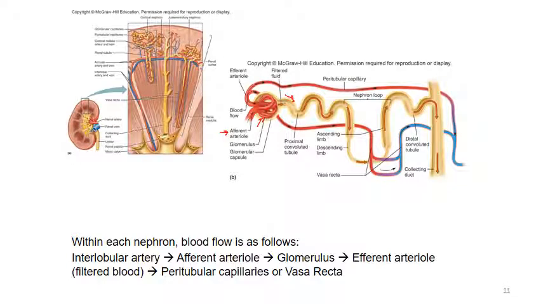What could not get filtered? Not all of the fluid exits the glomerulus to go into the tubes. What couldn't get filtered is then going through the efferent arteriole. Let's say that some of the metabolic waste was not able to go into the nephron, so those are then circulating in the efferent arterioles, which then turn into the peritubular capillaries.